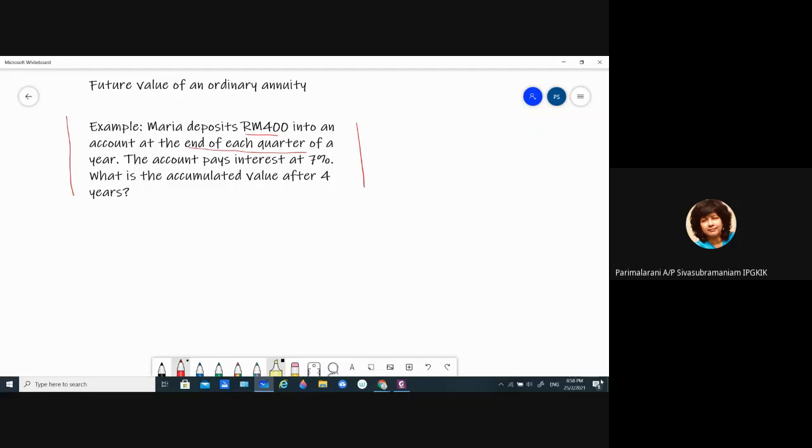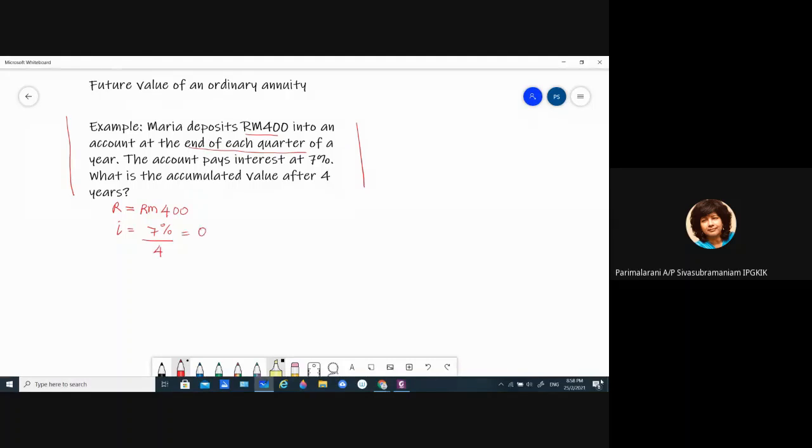So from here, what do we know? What is our R value? R is the monthly rent, or the monthly payment. Monthly payment is 400. I is 7% compounded, divided by 4, so it's 7 over 4.